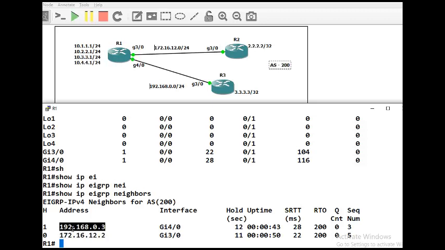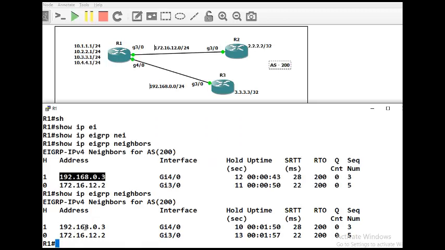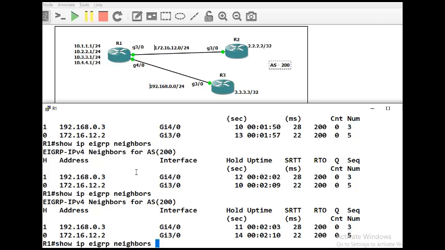This is the next, the first neighbor. So after router 2, router 3 became neighbor, like 7 seconds different. If you see the timer here, it won't go less than 10. 12, 11, 14 again.